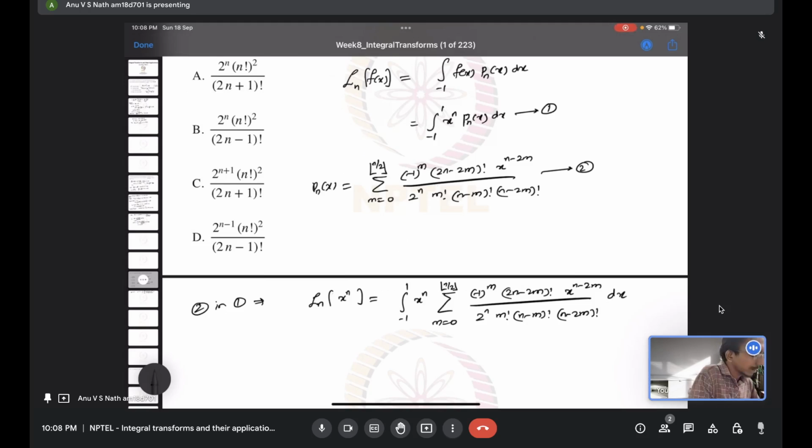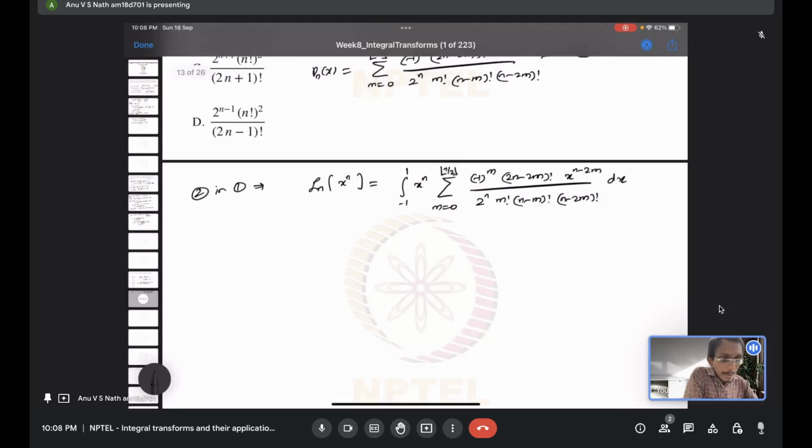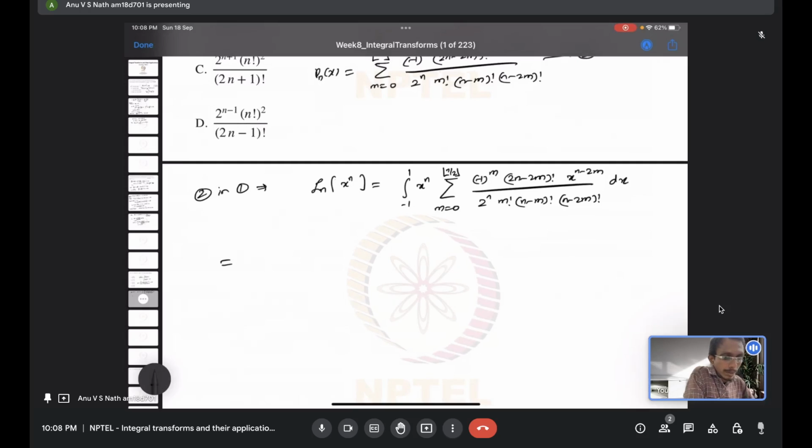Now we will interchange the orders: integration we will take outside and summation will go inside.